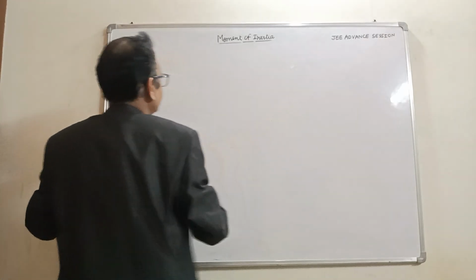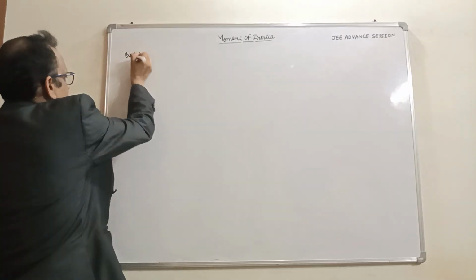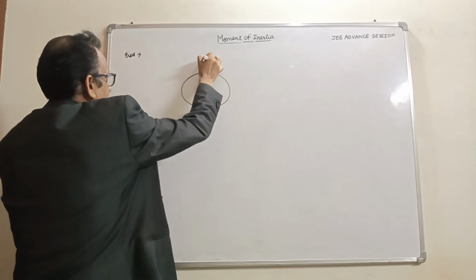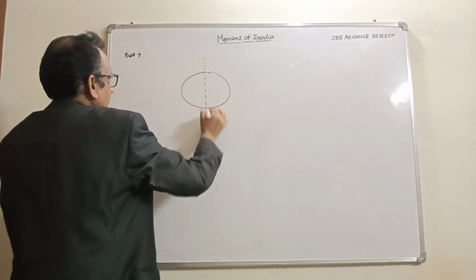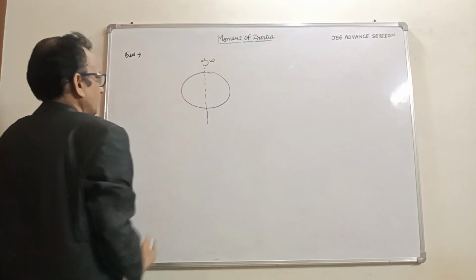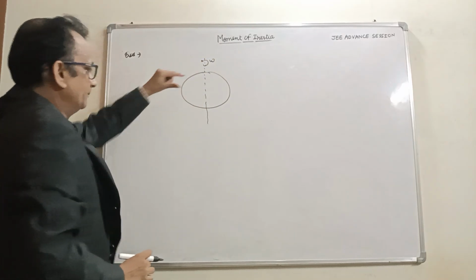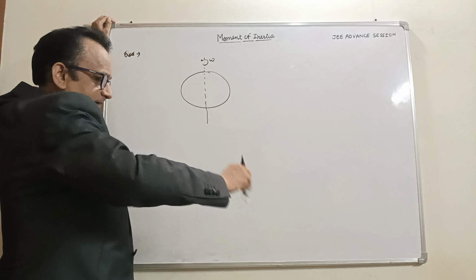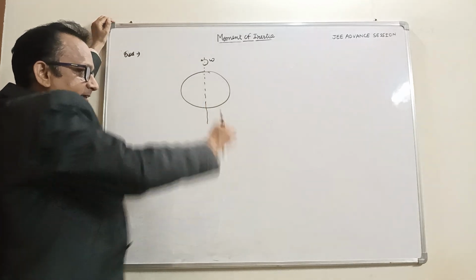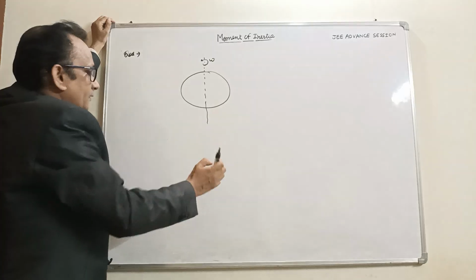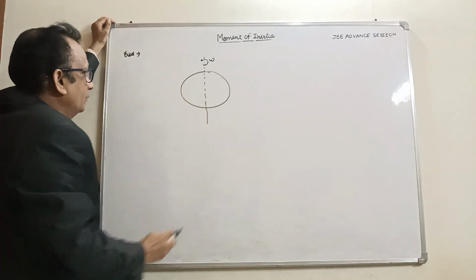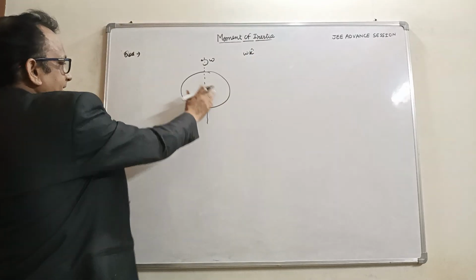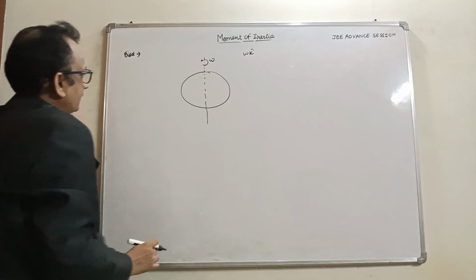So the scenario is, this is a disk and this disk is rotating about this axis. This is the perpendicular axis, horizontal plane, we suppose this is the disk and the omega is in this direction, in z direction. So this is the rotation. So omega in k cap direction. This disk is placed on a horizontal plane.